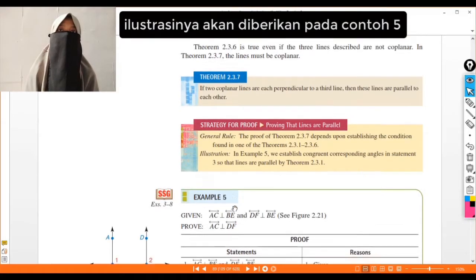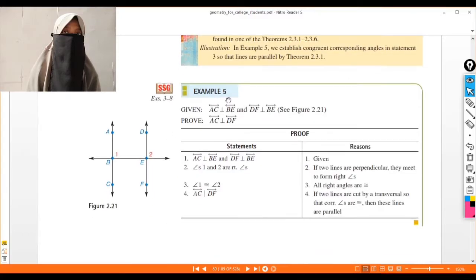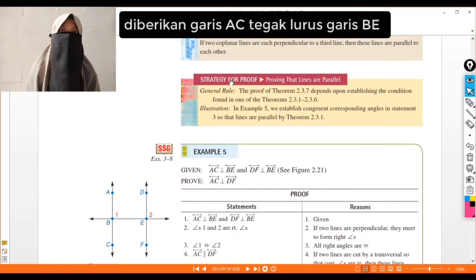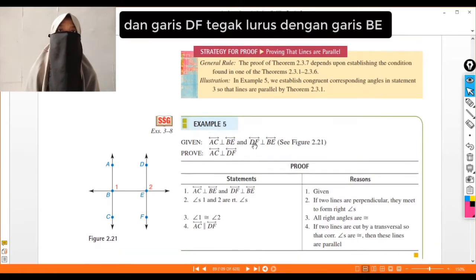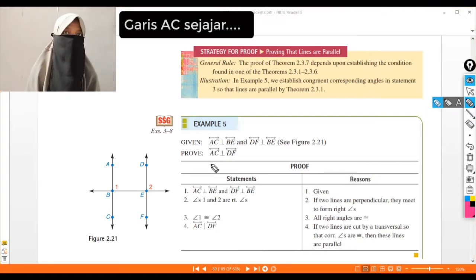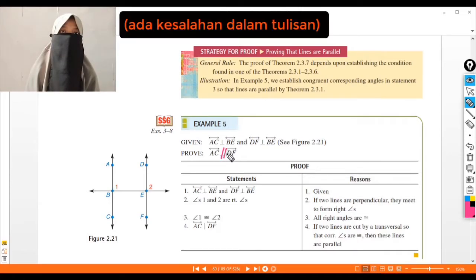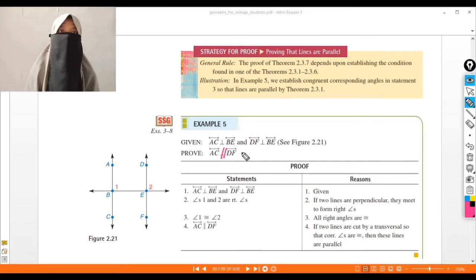We see this from example 5. Given line AC perpendicular to line BE and line DF perpendicular to line BA, we will prove that line AC is parallel to line DF.